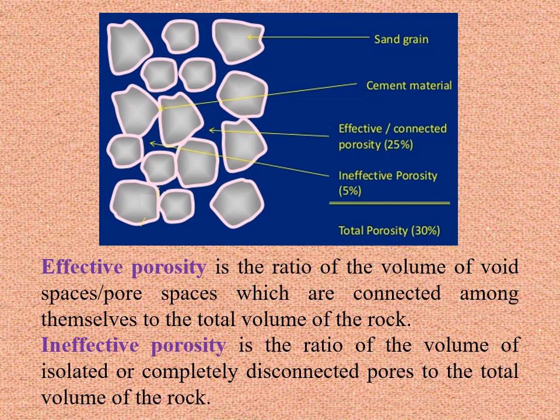So this type of pore space or this type of porosity is known as ineffective porosity, because the fluid trapped in this pore space cannot move from this point to any other point. Okay, so whenever a fluid can move from one pore space to another pore space, that porosity is known as effective porosity. But whenever a rock has porosity but that pore space is not connected with the surrounding pore spaces, that porosity is known as ineffective porosity.